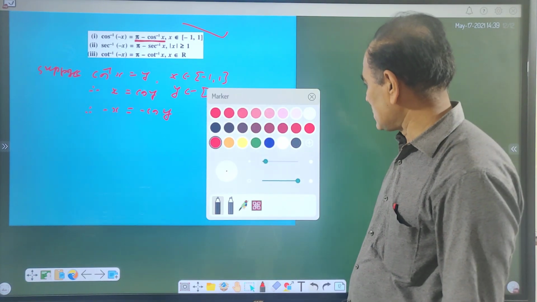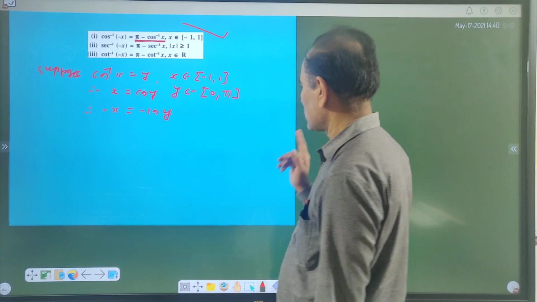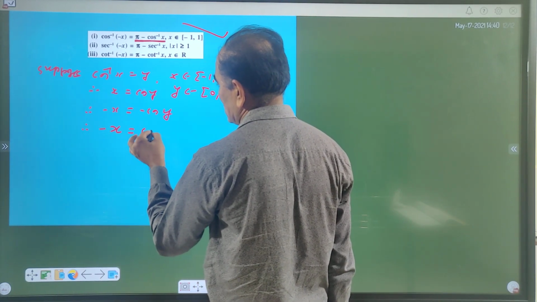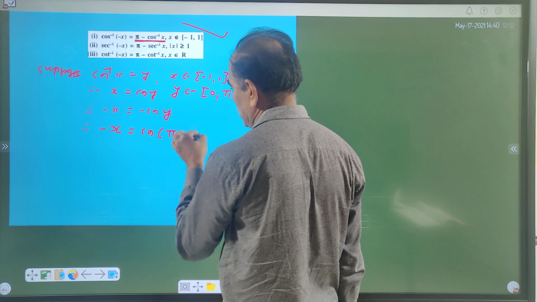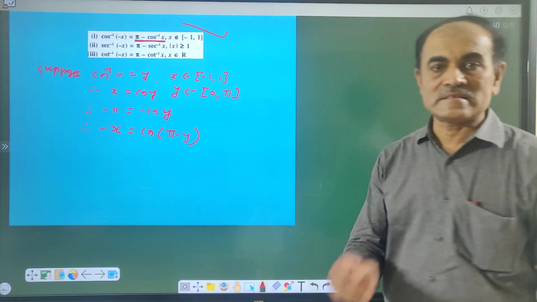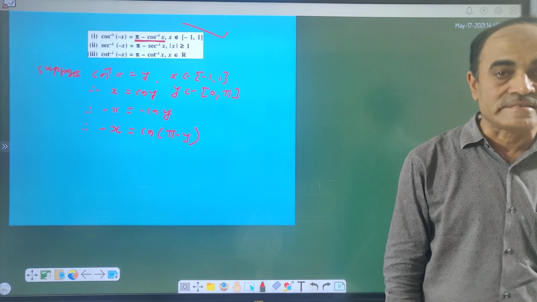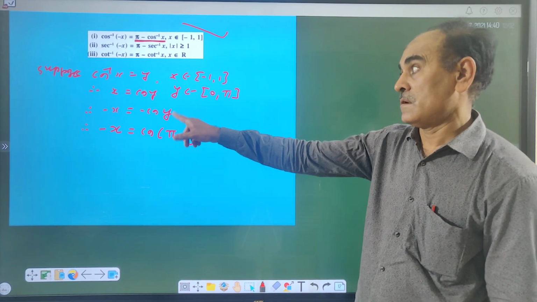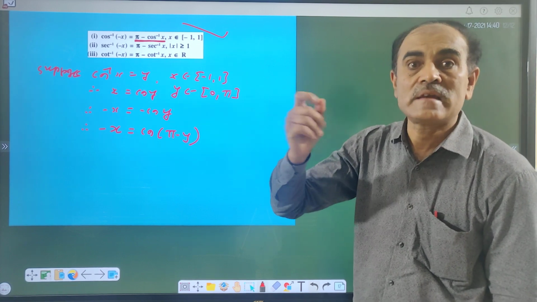Here the important thing is that, dear friends, minus x is equal to cos of pi minus y, because in the second quadrant the cos function is negative. Cos is not an odd function, so we can't write cos of minus y.